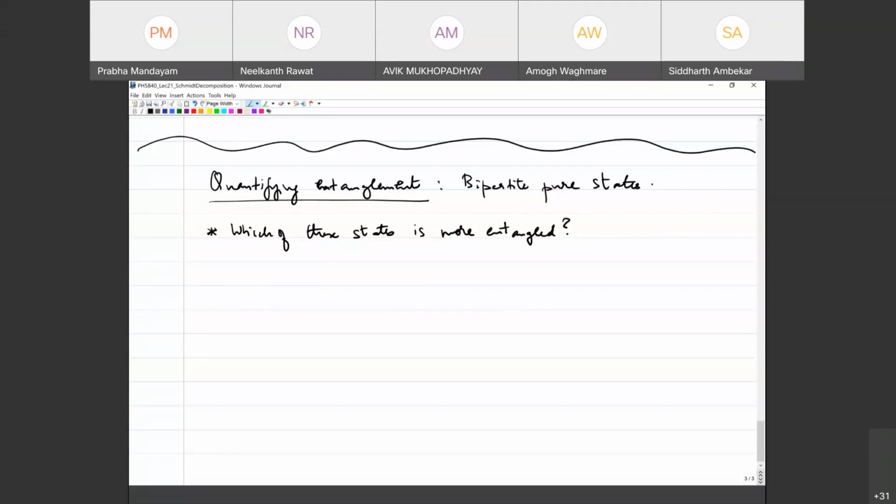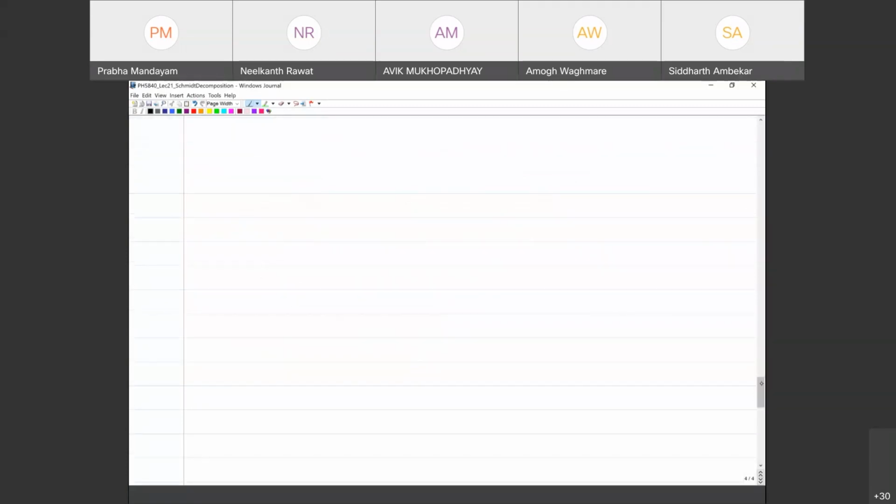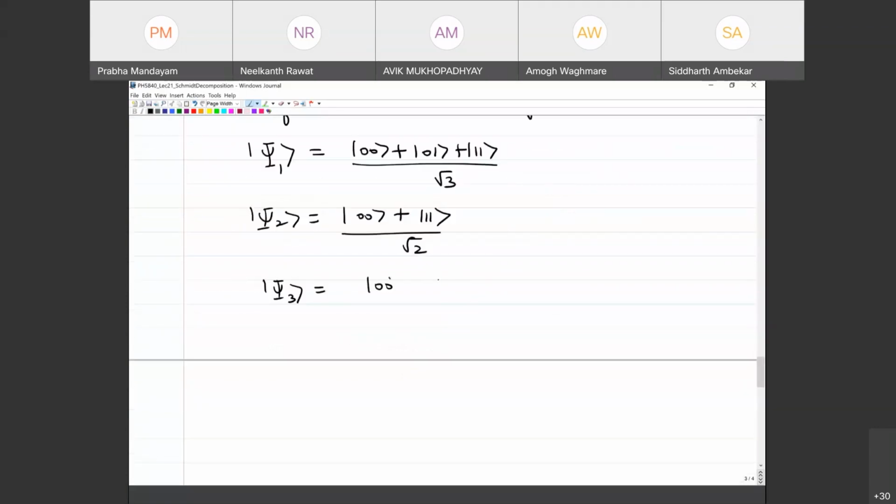Let us say there is a state psi 1, which is (00 + 01 + 11) by root 3. I have a psi 2, which is (00 + 11) by root 2. And I have a psi 3, which is (00 + 01 + 10 + 11) by 2.